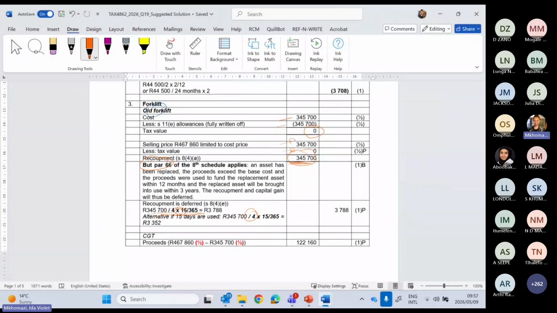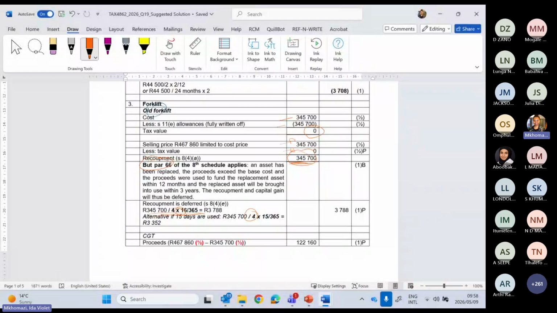If the replacement asset was a manufacturing asset and Section 12C was applicable, then you apply the Section 12C rates, and that's where the 40% that maybe you have seen in questions would come in. It would apply to a Section 12C on a new asset. You would defer that recoupment and the CGT or the capital gain using 40%, which is the allowance for the new asset.